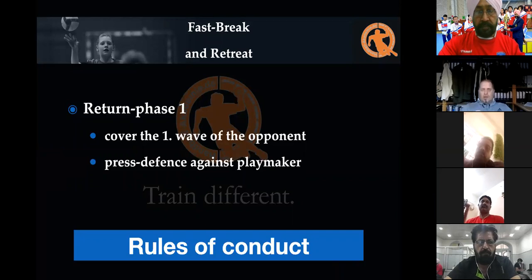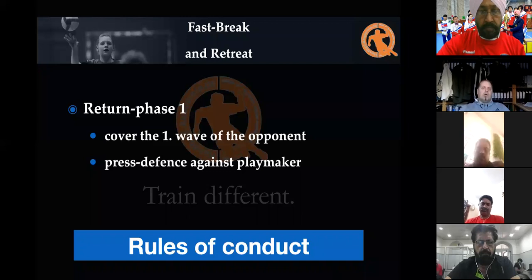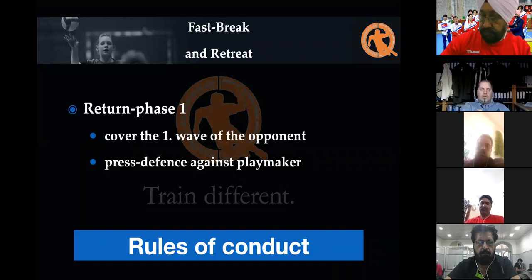Second is, if the opponent's team is using a playmaker in a fast break, then you can try to have a pressure defense against that playmaker. So maybe the pivot, or maybe a wing player, sorry, who is not going back for the return, can immediately cover that playmaker.